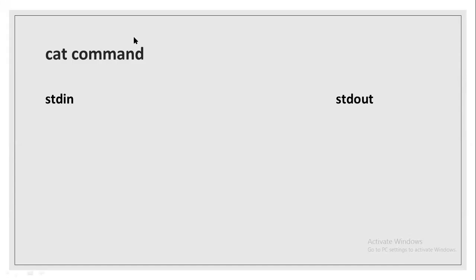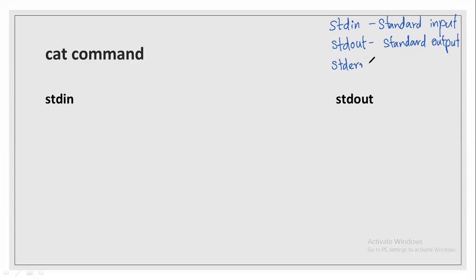So we can divide a system into three categories: standard input, stdin, standard output, stdout, and standard error.